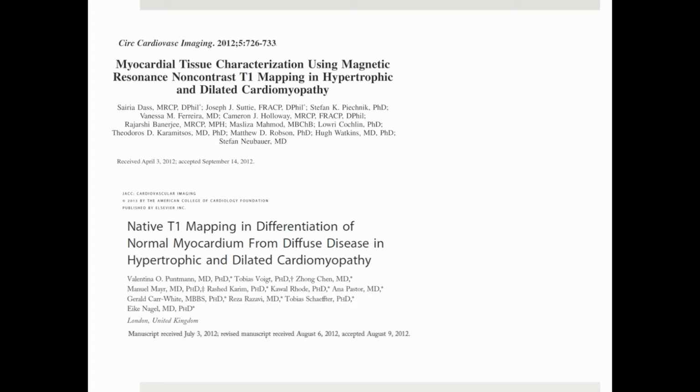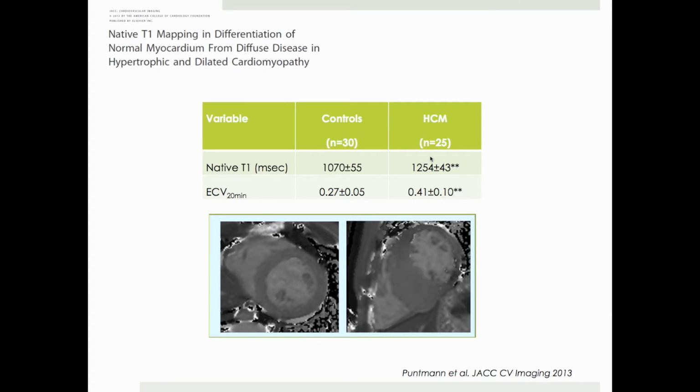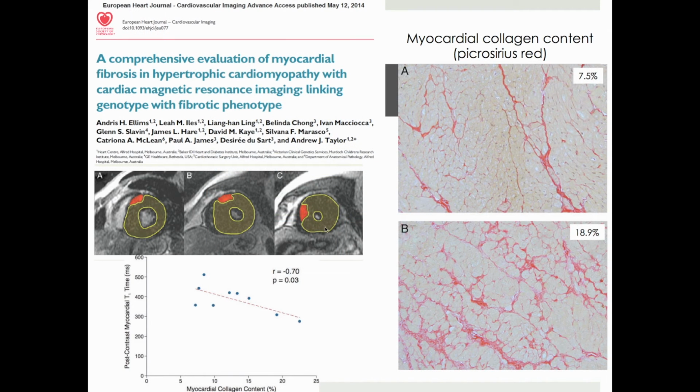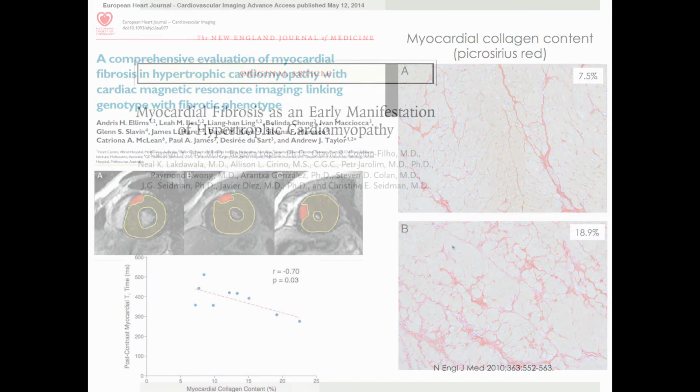Ourselves and other groups have shown that T1 mapping values, including native T1 and ECV, are markedly raised in patients with hypertrophic cardiomyopathy compared to controls. There is a linear relationship between T1 values outside the area of late gadolinium enhancement and myocardial collagen content.